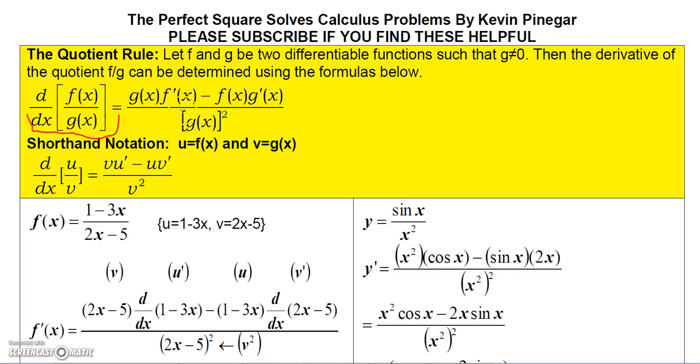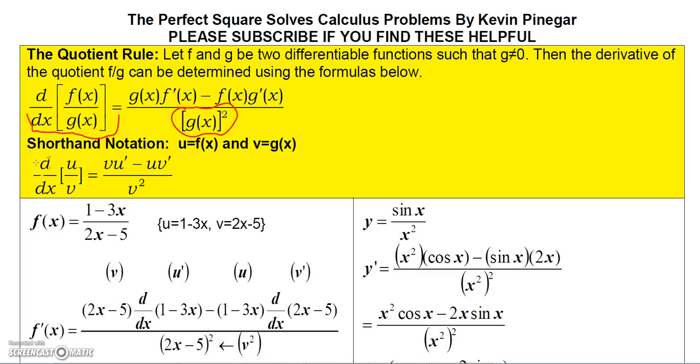And then don't forget that at the end you always divide this by the g of x function squared. Okay, so another way to think of this is it's the bottom times the derivative of the top minus the top times the derivative of the bottom over the bottom squared. So if you like thinking in terms of top and bottom, then you can think like that.